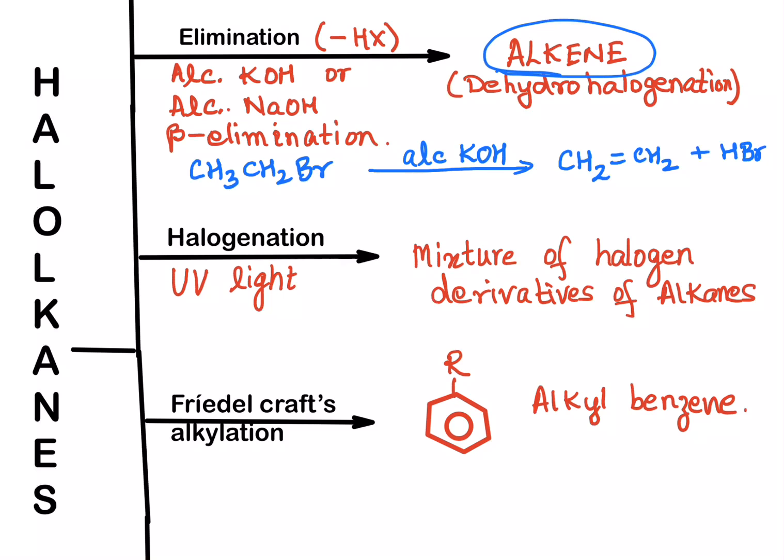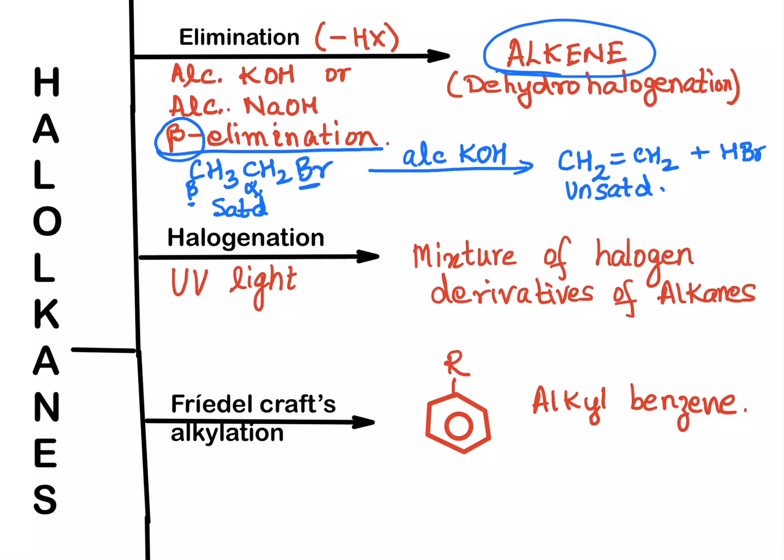Now halogen goes from the first carbon and hydrogen from the next carbon. The carbon attached to the halogen is alpha carbon, the carbon next to it is the beta carbon. That is why this reaction is also known as beta elimination, and it is helping us to convert from a saturated to an unsaturated compound.